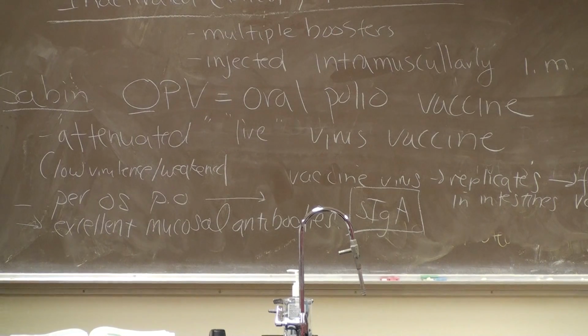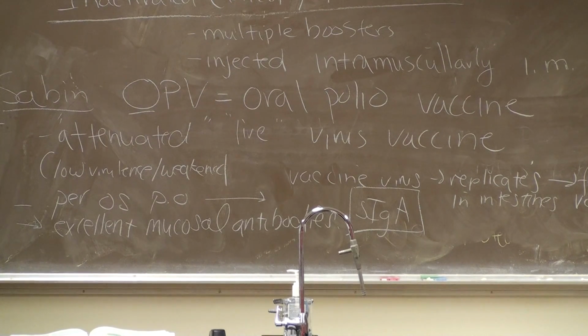But you guys remember, what kind of virus is the polio virus? What's the genetic information? They're RNA viruses, right? And therefore, what can happen with them? They can mutate, right? And this is the heartbreak with the oral polio vaccine. The process is called reversion.